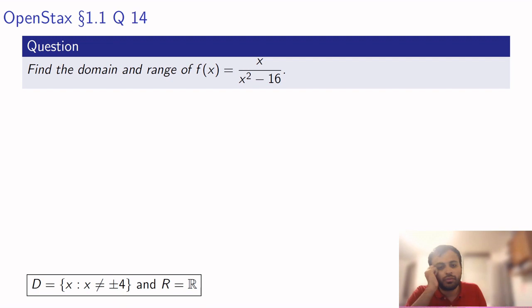So now we'll try to find the range for this particular function. What we'll be doing is graphing this function and then seeing what its range is. The best approach to graph these kinds of functions is to calculate the value of f of x at certain values of x.